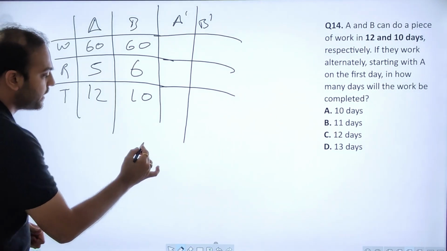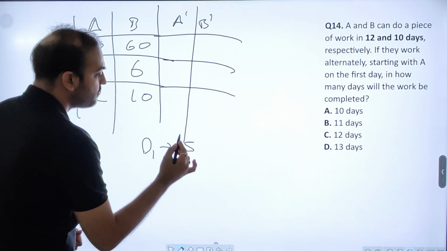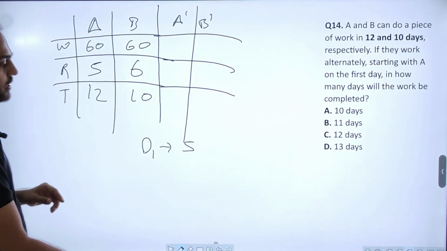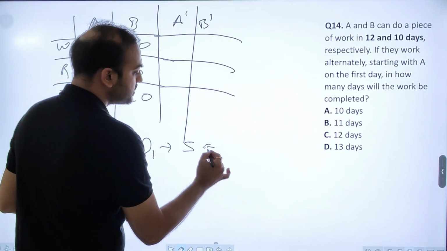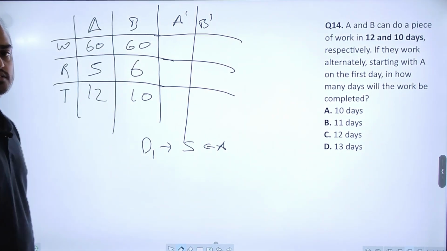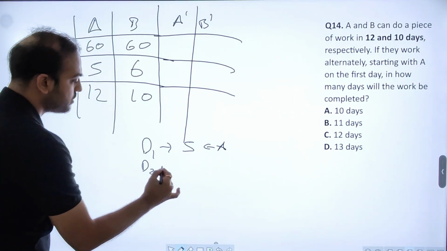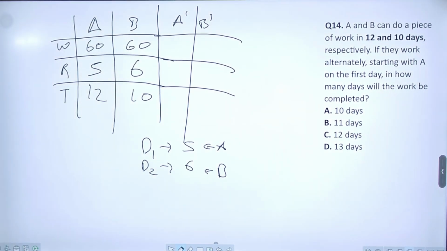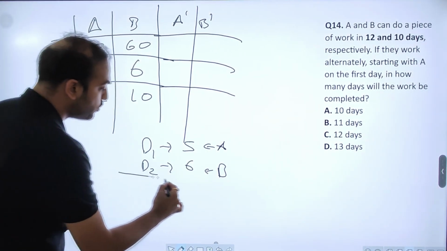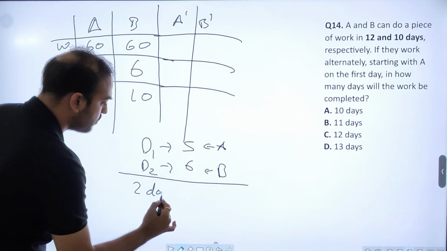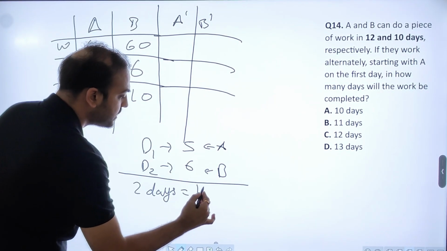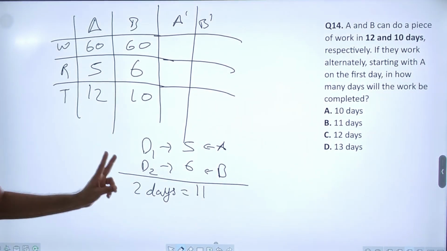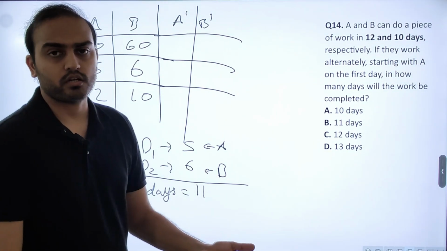If you look at it, on day 1, 5 chocolates are gone because A comes on day 1 and eats 5 chocolates. On day 2, B comes and eats 6 chocolates. So after 2 days, 11 chocolates are gone.